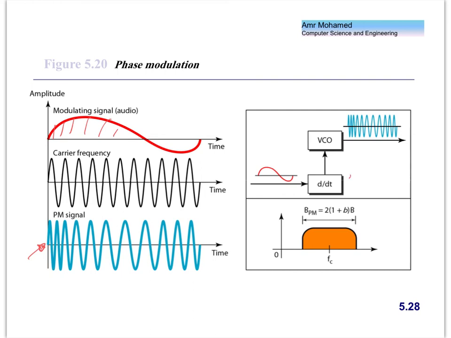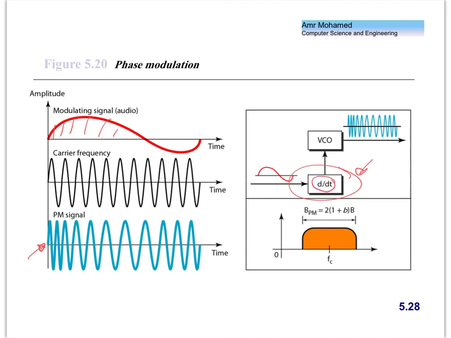So there is a theorem, we don't have to go through it, that PM is exactly equivalent to FM after taking the derivative of the input signal. Okay, this is the derivative.